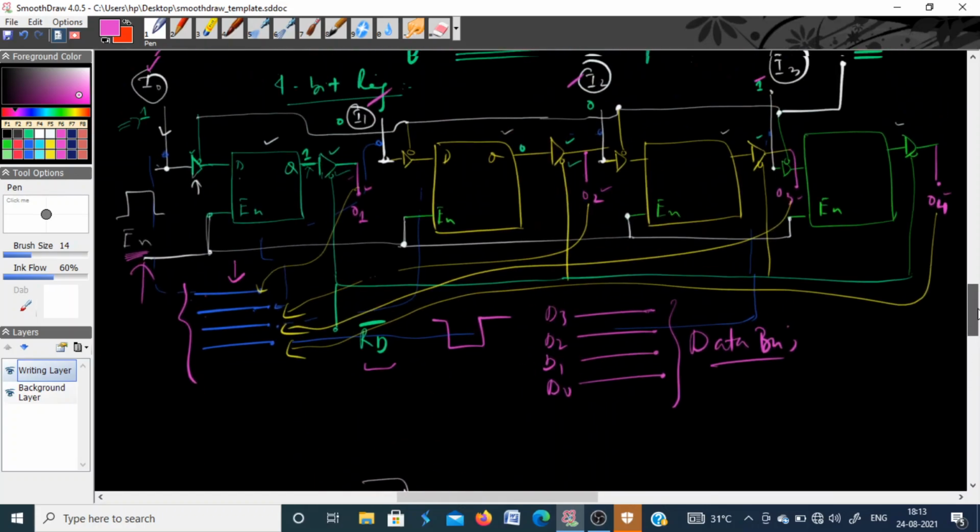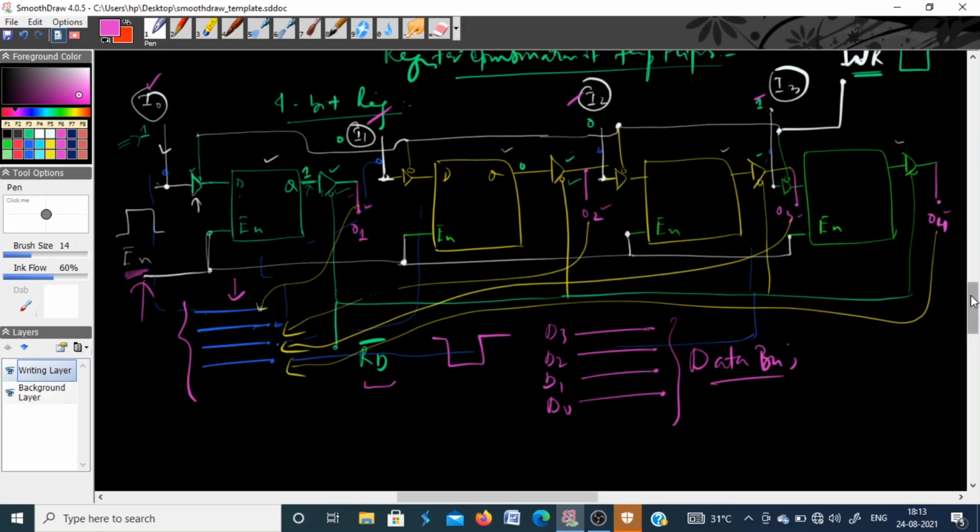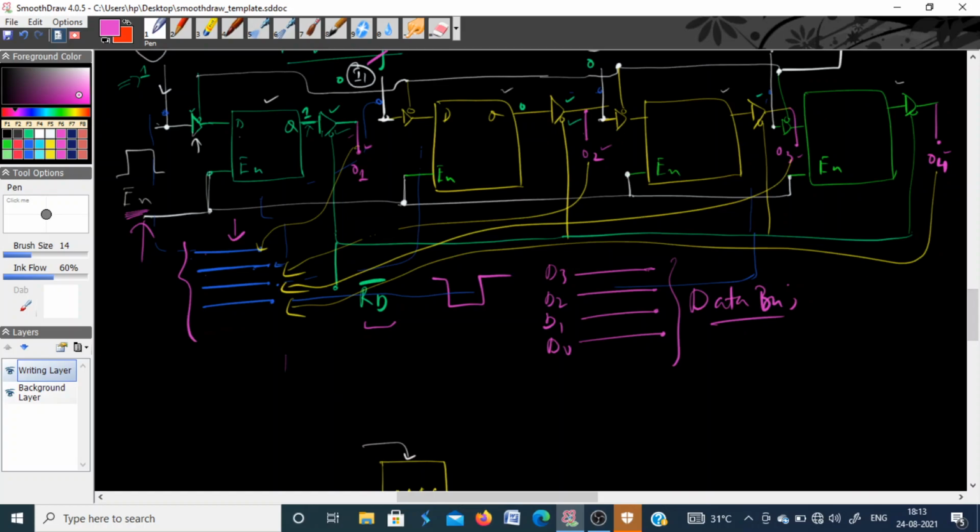You can see, this is one 4-bit register. If I have another identical 4-bit register, it means 4 flip-flops with the same inputs, same outputs. But the input for this will of course be different, the output of this is different, and the enable for this has to be different.